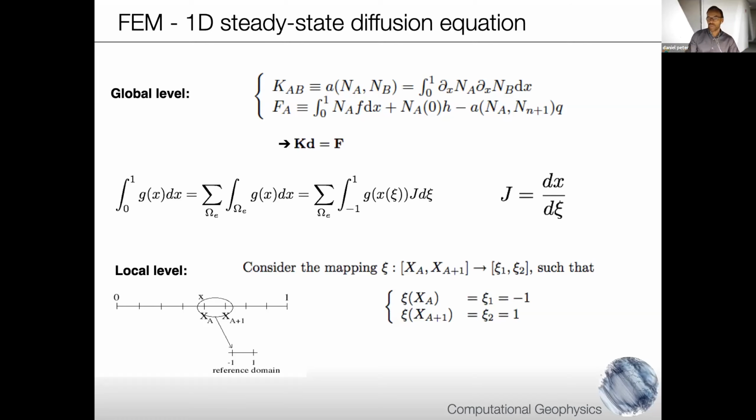But now with this mapping, we always integrate between -1 and 1. So where is the information from the actual shape of the mesh? Do you have an idea?